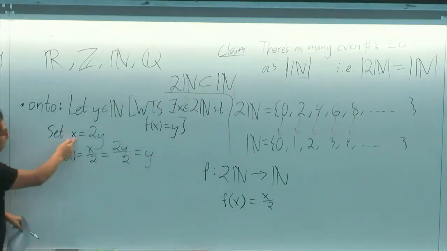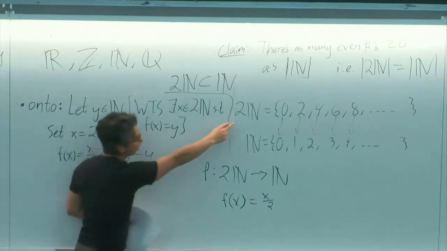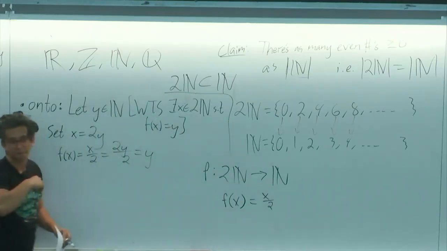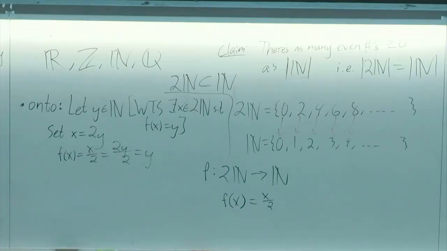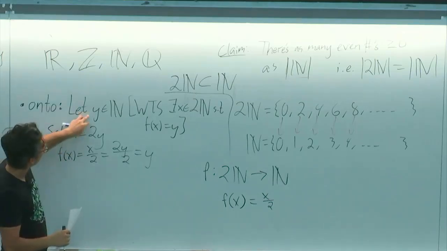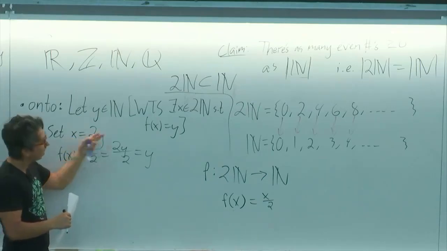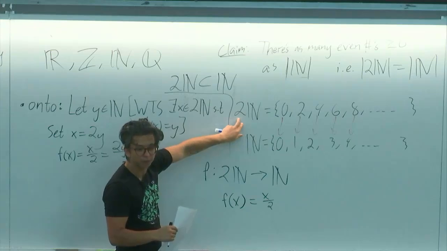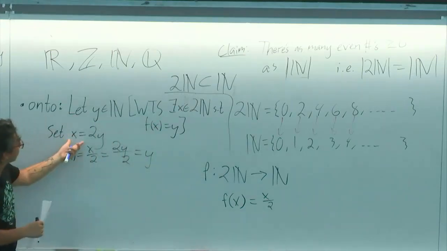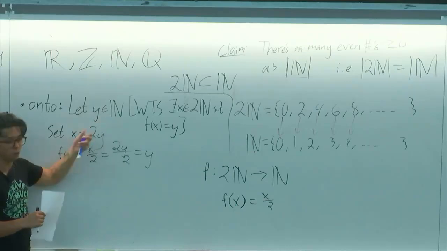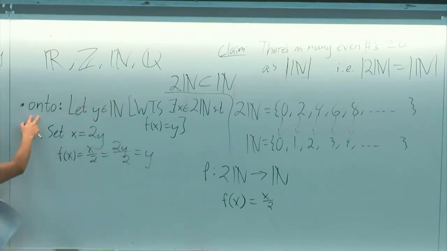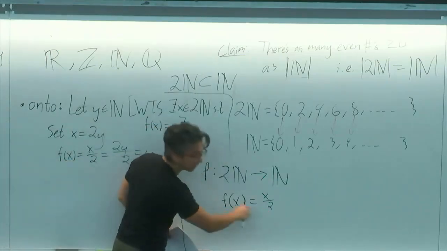How do we know that this was something that was in the original set that we're mapping from? Because y is in n, and 2n is just all the elements of n multiplied by 2. This is just the definition of an even number, right? And this is all the positive even numbers. So we found an even number that maps to what we were trying to do. So this is our proof that that function is onto. That is the function that just divides by 2.